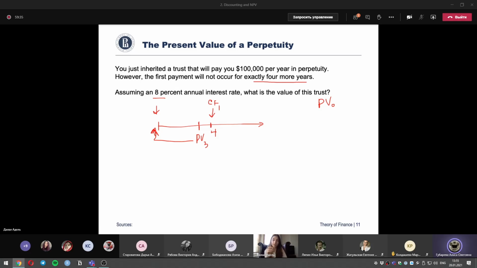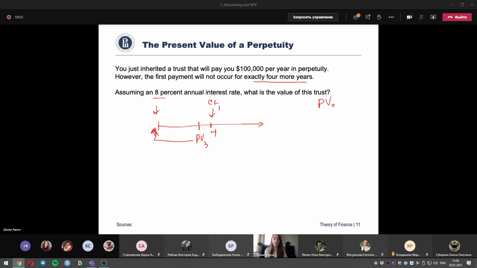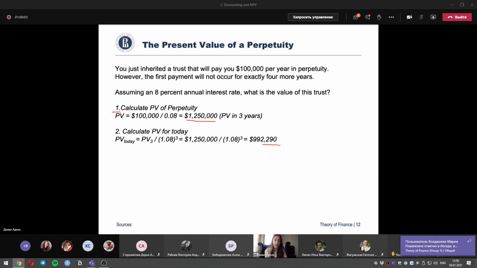Here the main issue is to understand that, as our cash flows start from year 4, when you calculate the perpetuity, the first step, you get $1.25 million. That will be the present value of our perpetuity calculated for year 3. And then you have to discount back to today.